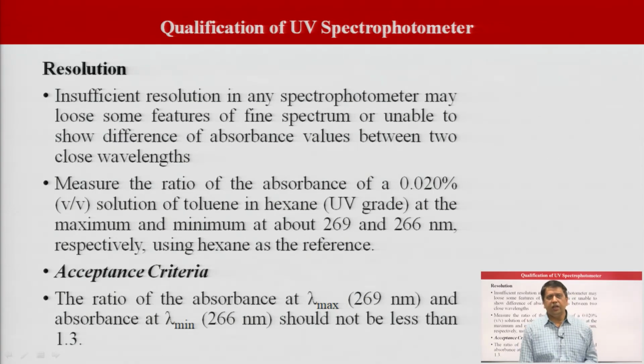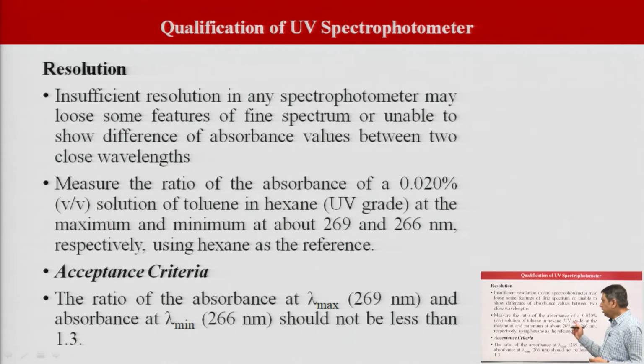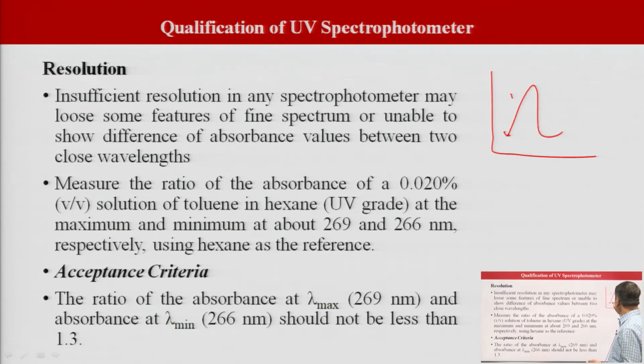Now, you can easily understand that we are using a specific ratio of toluene in hexane, and we basically get a graph like this. This is the minimum at 266 nanometer, and this is the maximum, which is at 269 nanometer.